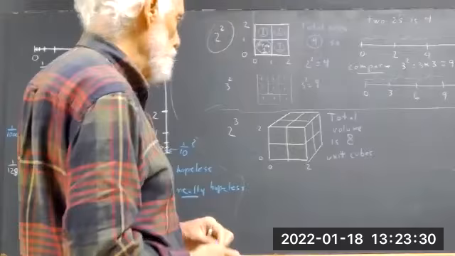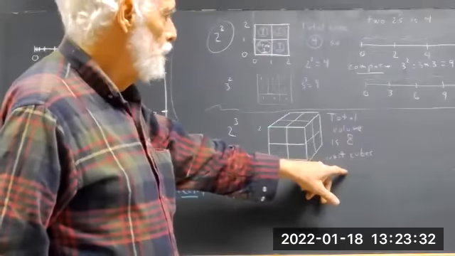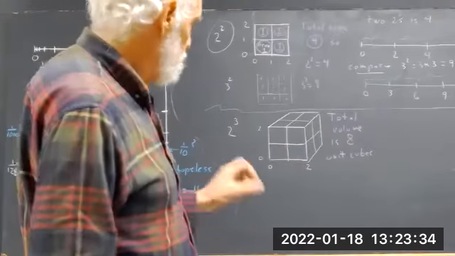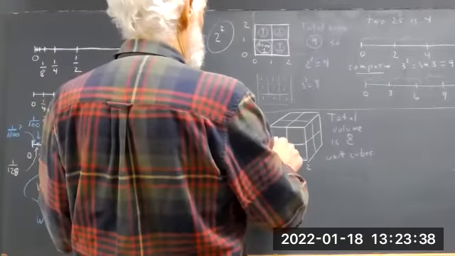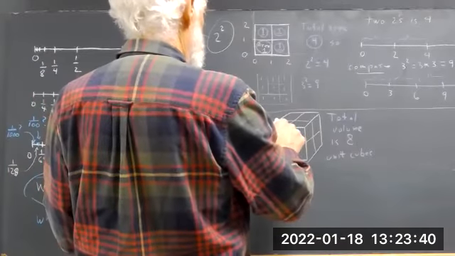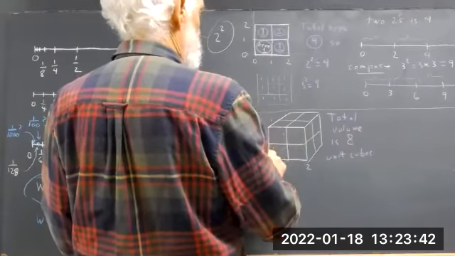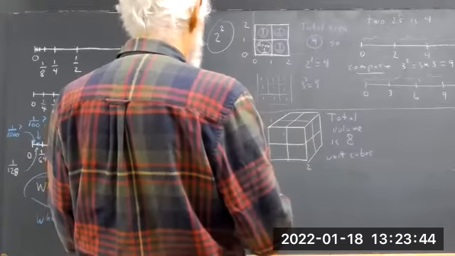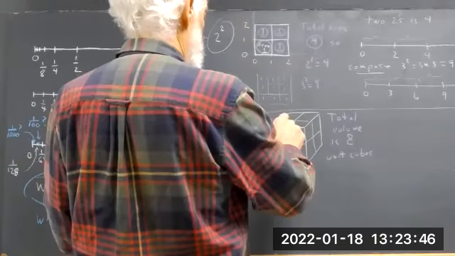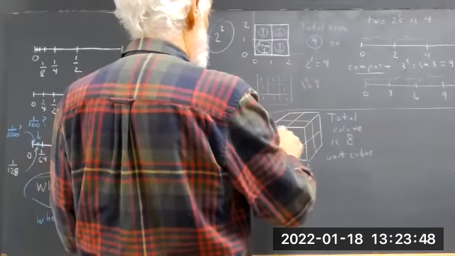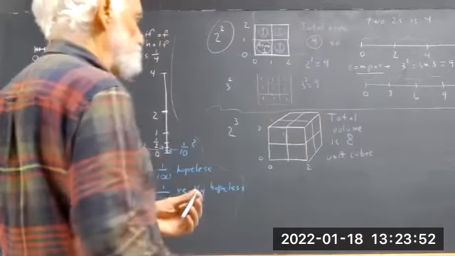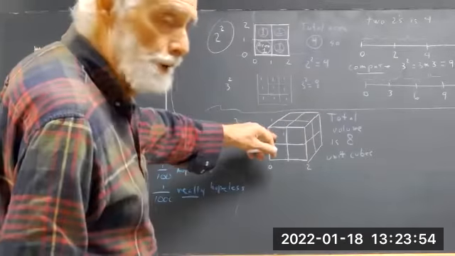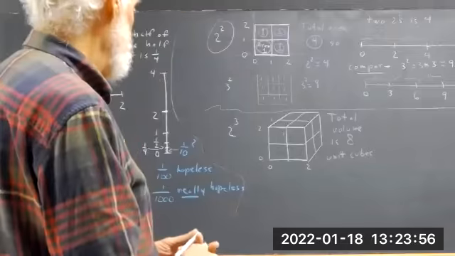And I'll take a chance here. I'll say the total volume is 8 unit cubes. By unit cube, I mean a 1 by 1 by 1 cube. So like this is one here, and it's one here, and it's one here. Okay. So this cube here has a volume of 1.